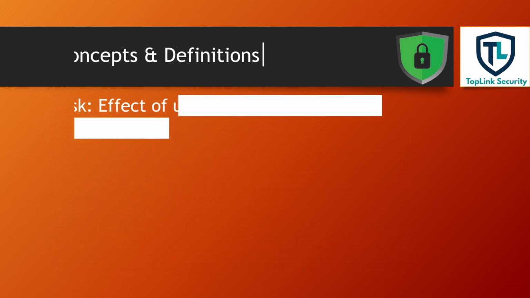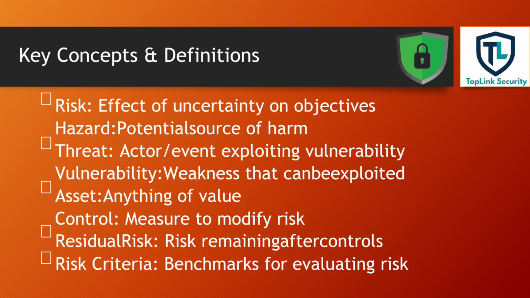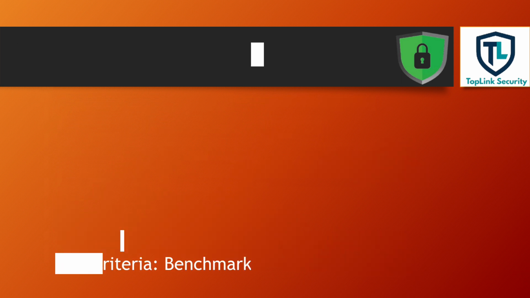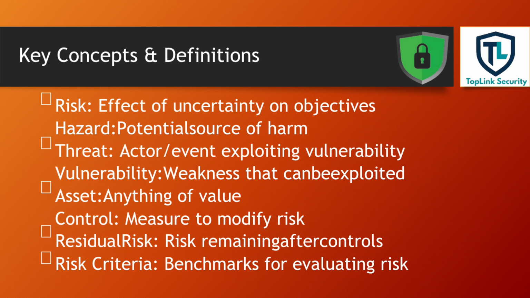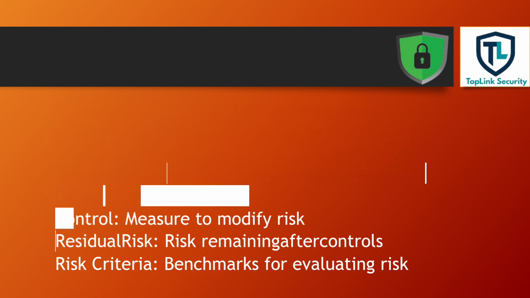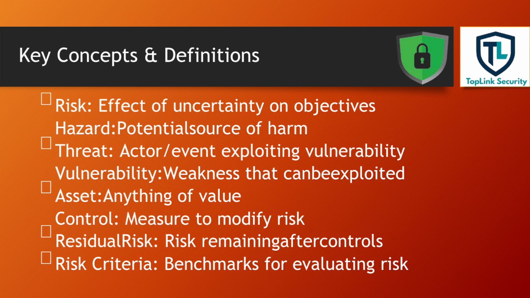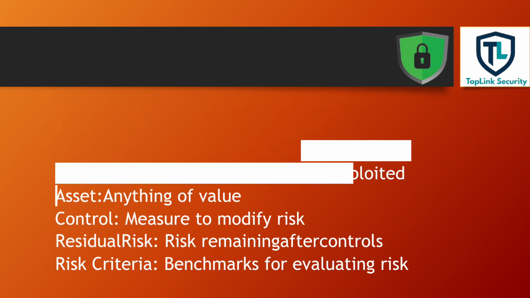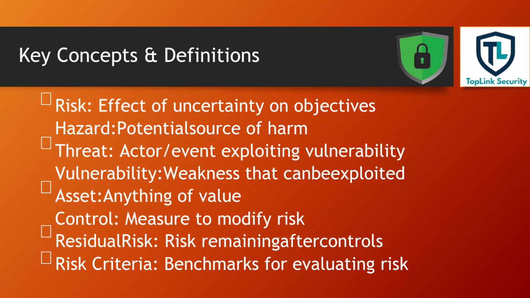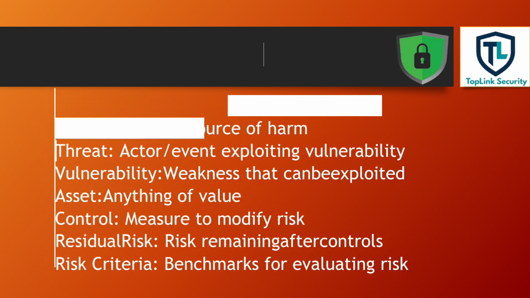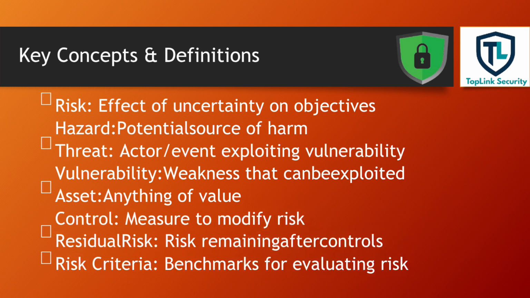When it comes to qualitative, we use likelihood of rare, medium, or high. The same applies to quantitative probability, but we use data to arrive at the figure.